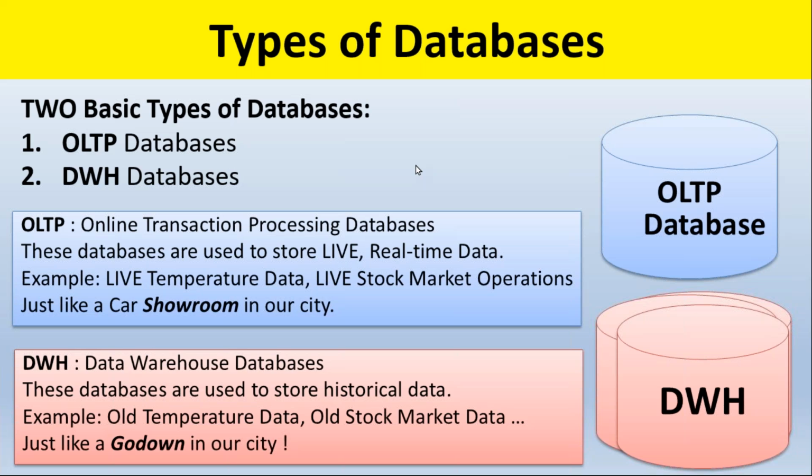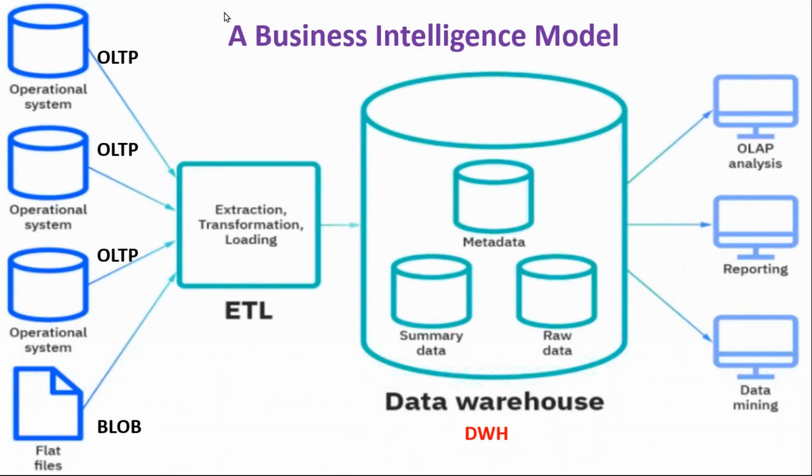Yes, here it is on my screen now. Any BI, business intelligence model, involves live OLTP databases and historical data warehouse database, and a communicator in between, data ingestion consolidation environment in between called ETL.